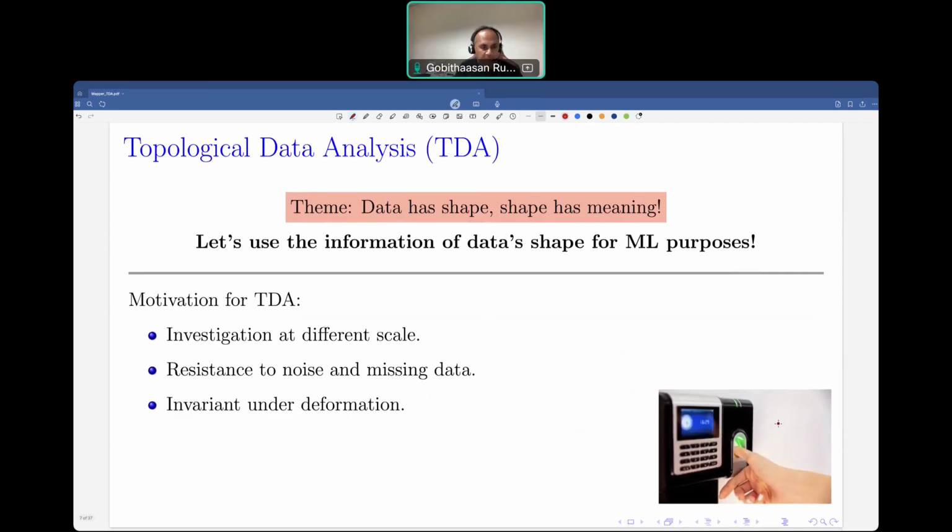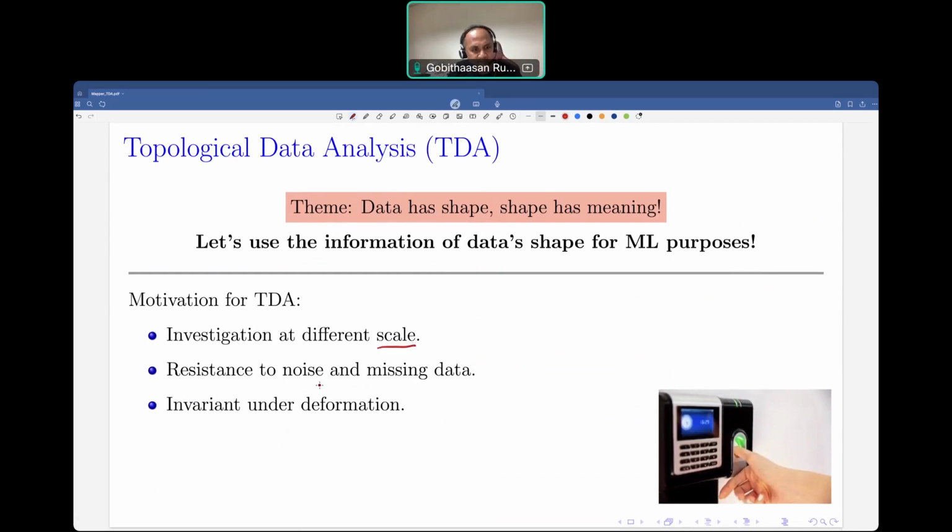The motivation of TDA is that we get to investigate different scales, different resolutions. Different resolution simply means that you can look at a particular part of the data, or you can look at the overall shape of the data.